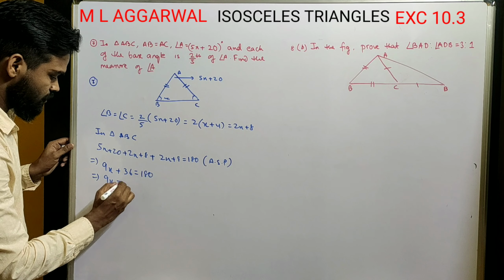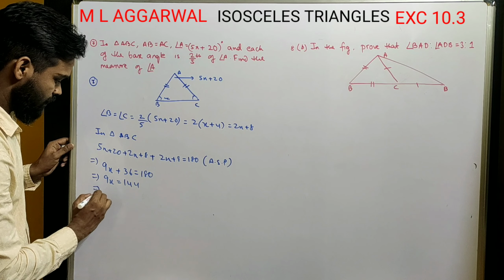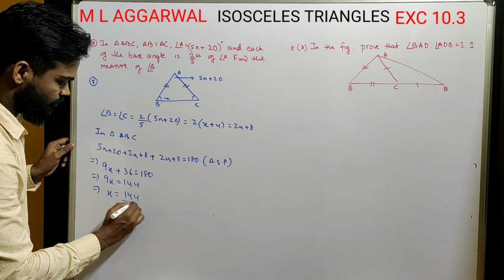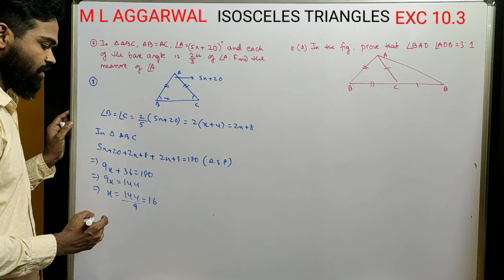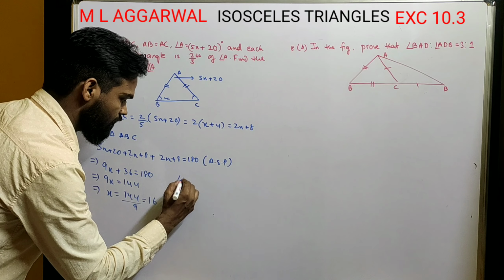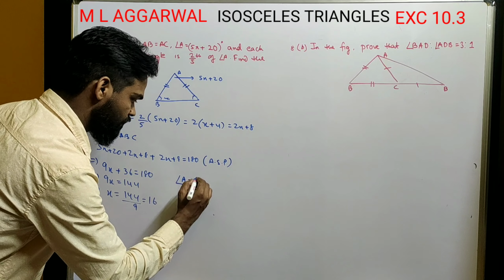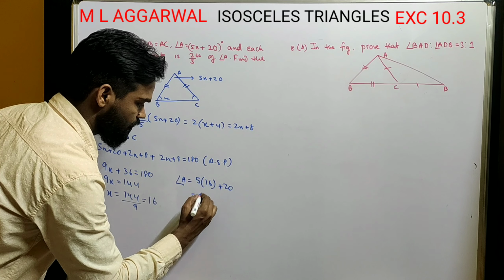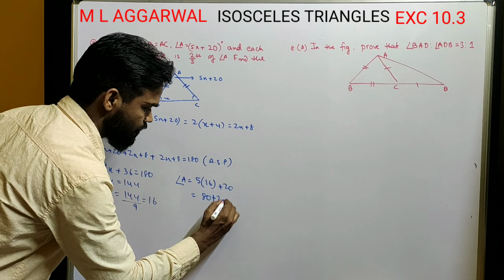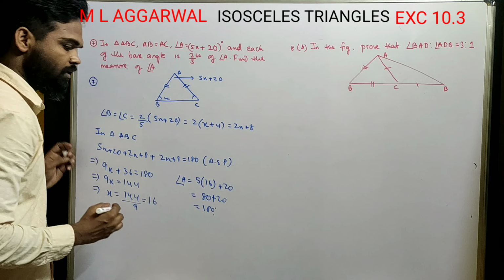That's 9x equals 144. That's x equals 144 by 9. That's 16. So once you get x, they have asked for angle A. So angle A is nothing but 5 times x, which is 16, plus 20. That's 80 plus 20. That's 100 degrees.